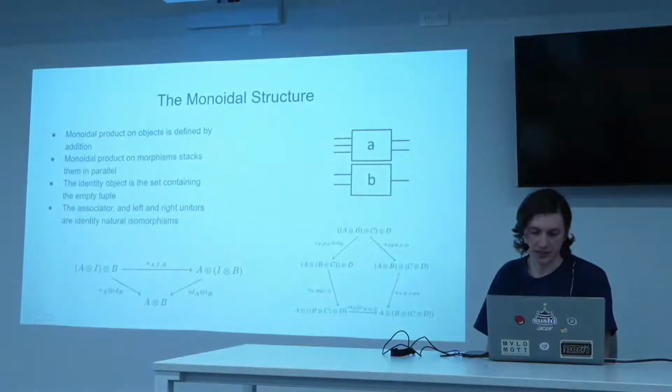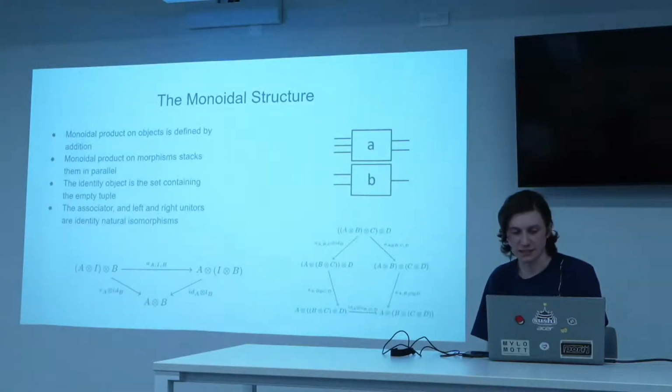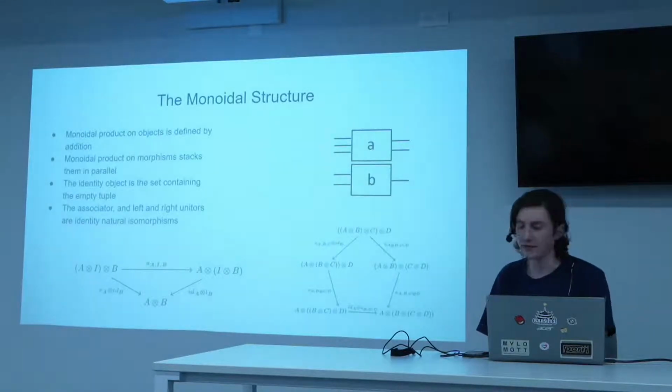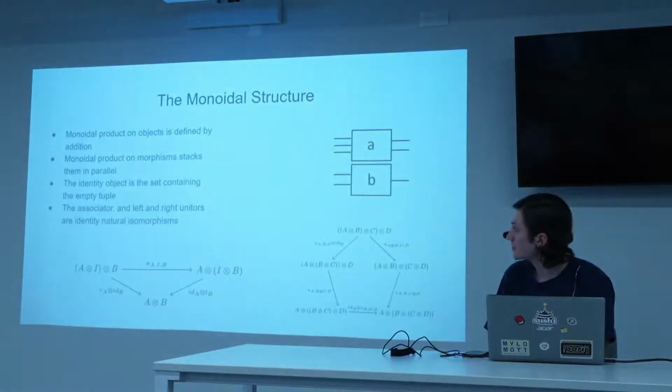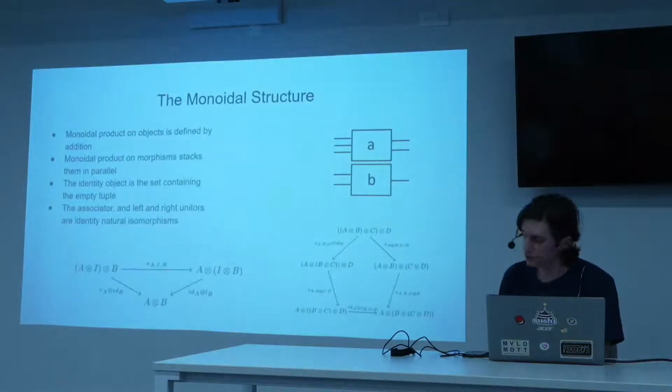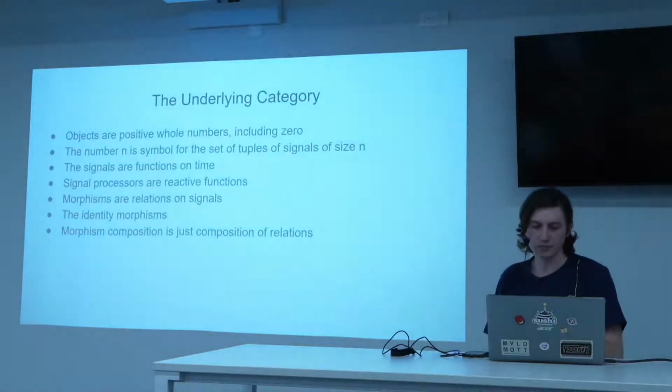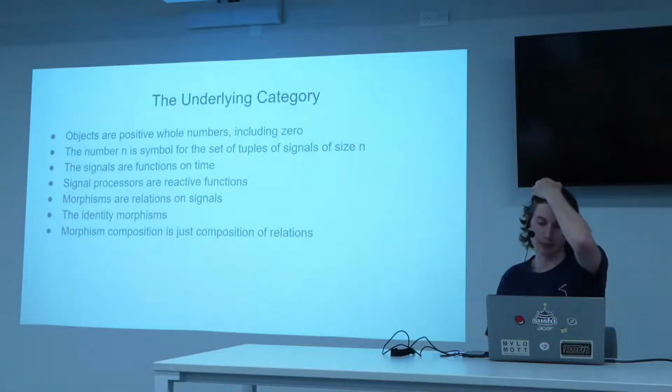So the objects of the category are going to be sets of signal tuples of a specific size. There we go. Yeah. So the objects are positive whole numbers, sets of signal tuples, and these can be related to the positive whole numbers.